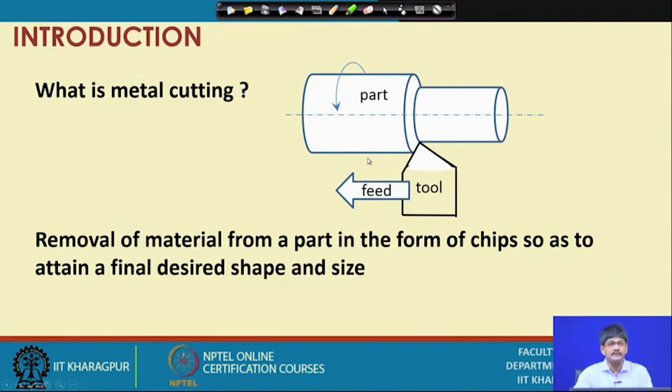So, immediately there is the identification of other methods of attaining a particular predetermined shape and size, and all these things together are referred to as manufacturing. So, let us have a quick look at what manufacturing is all about.